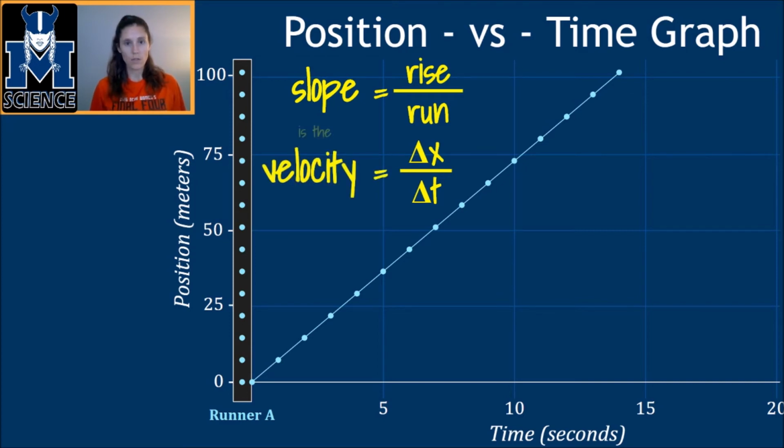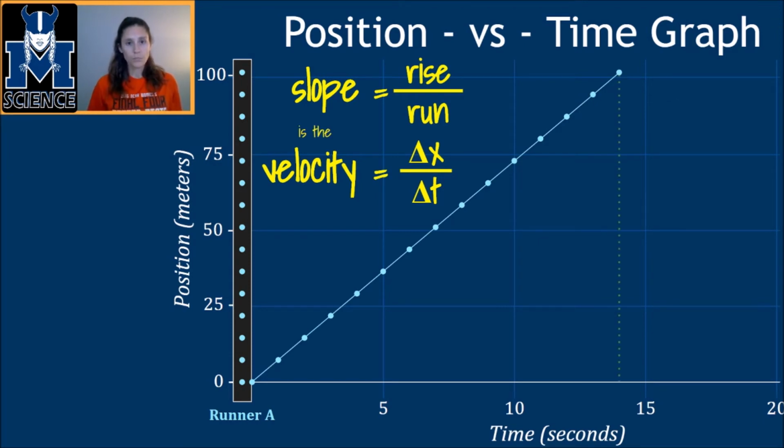So it ends up that the slope of a position versus time graph for an object in motion will be the velocity of that object. When we're at constant velocity, it's pretty easy to determine the slope. If we're not at constant velocity, it's still true that the slope is the velocity, but we have to look at instantaneous velocity and determine the slope at a particular time point.